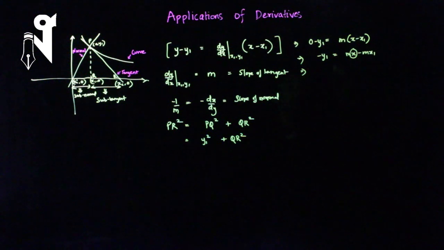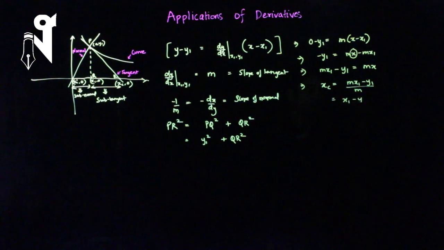This is xc. So I have mx1 minus y1 equals mx, just taking mx1 to the other side, which gives xc as mx1 minus y1 by m. I'll just write this as x1 minus y1 by m. This is the x-intercept of the tangent.